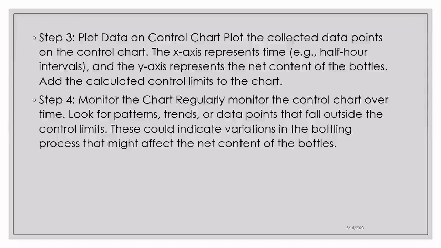Now what you are going to do is monitor the chart regularly, monitor the control over time. Then after that, I have the upper level and lower level. For the X bar chart also, we have upper and lower levels, say 55 and 65 for the alcohol level. Again, likewise, for the other requirements, we are required to calculate, right? Then after that, you have a chart.